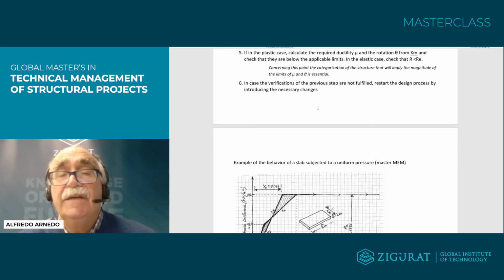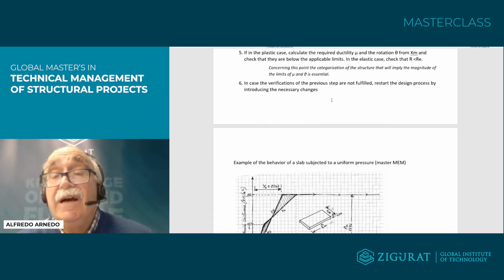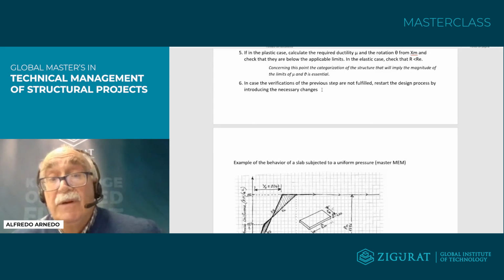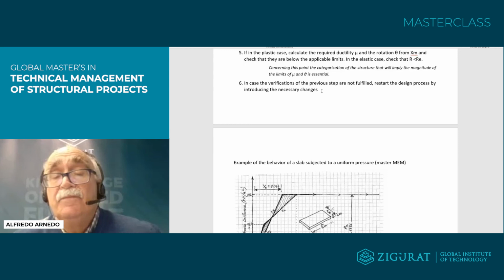In case the verification is not fulfilled, it means that we haven't enough ductility, but at the end, this is the most important thing. This value, 10 or 20 or 5, or for some structures in a nuclear power plant the response must be linear. I mean, if you don't fulfill it, the solution is to change the structure.